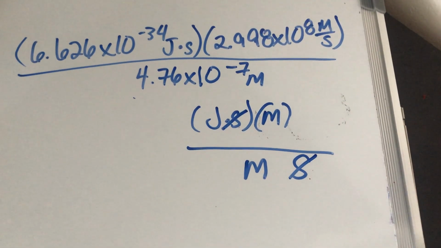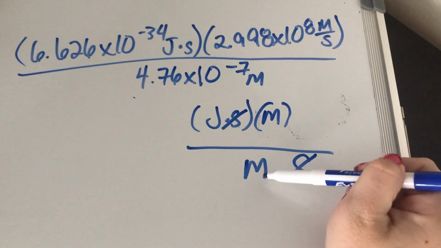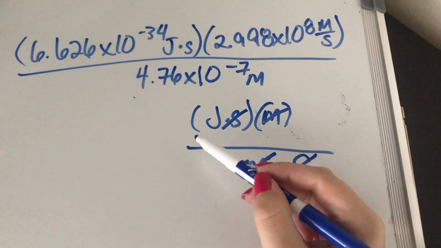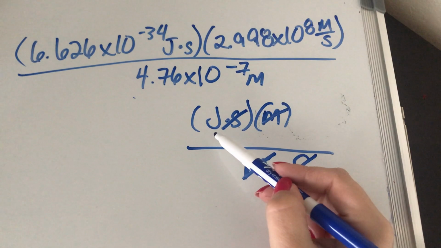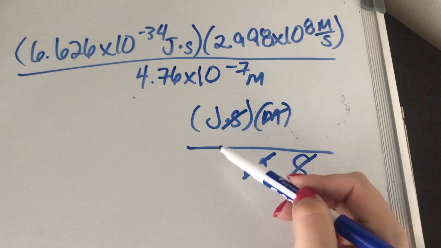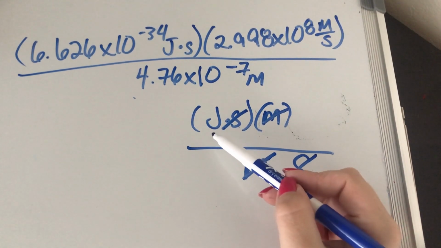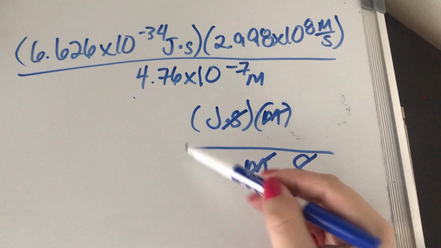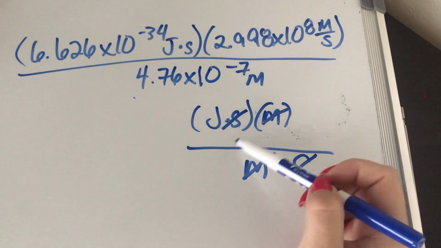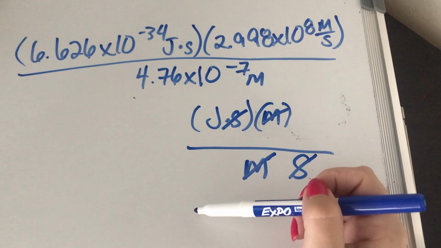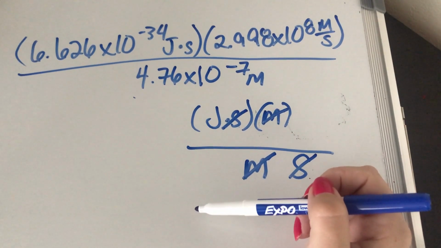Either way, they cancel. Cool? Meters is going to cancel with meters, right? And so we end up with units of joules, which you don't know this, but it's energy, but it doesn't matter. These are joules. Got the joules. Questions about how we canceled out the units?